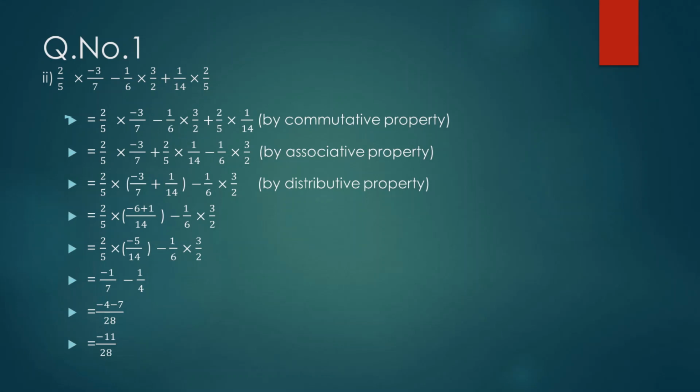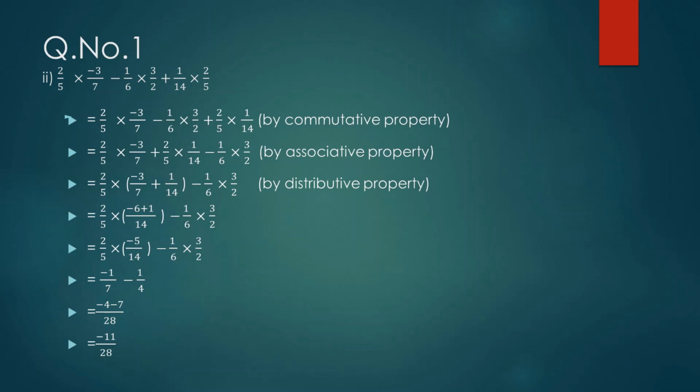So next step you see 2/5 × (-3/7) + 2/5 × 1/14, then last minus 1/6 × 3/2. In this step, we can see that 2/5 is common for both, isn't it? 2/5 is multiplying with -3/7 and also with 1/14.